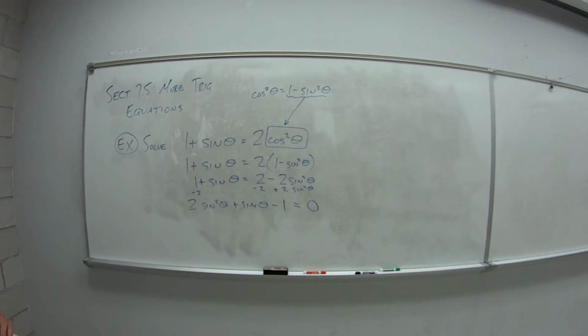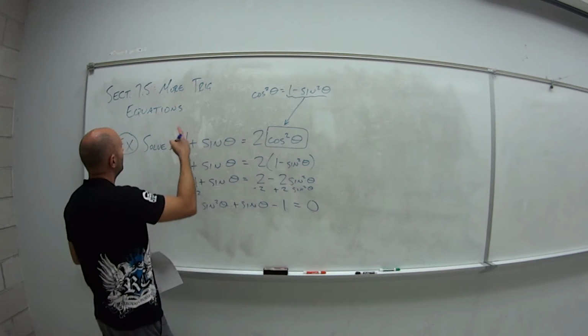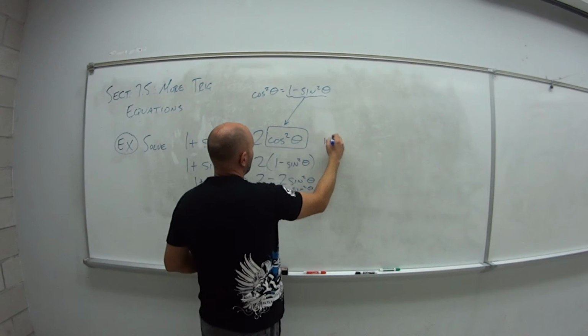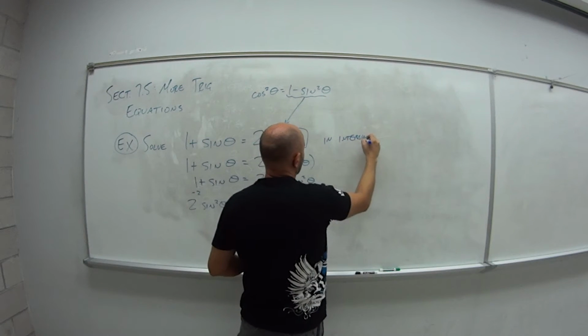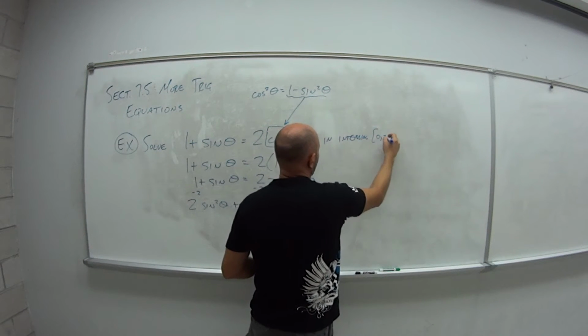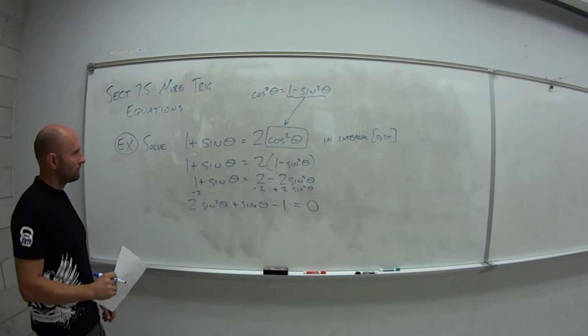Now I can factor this portion here. Oh, and we want to solve this in the interval 0 to 2 pi. So we just want the distinct solutions one time around the unit circle.